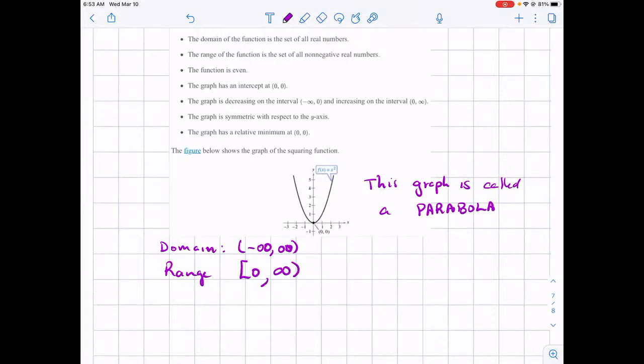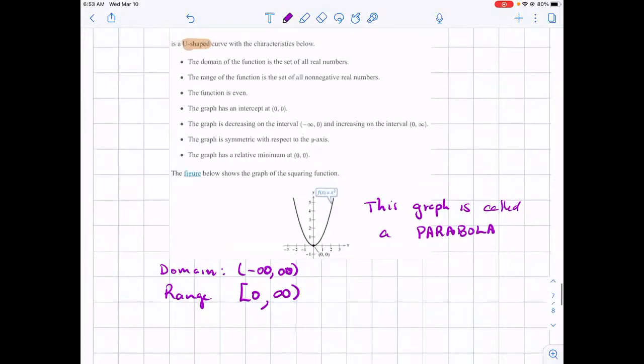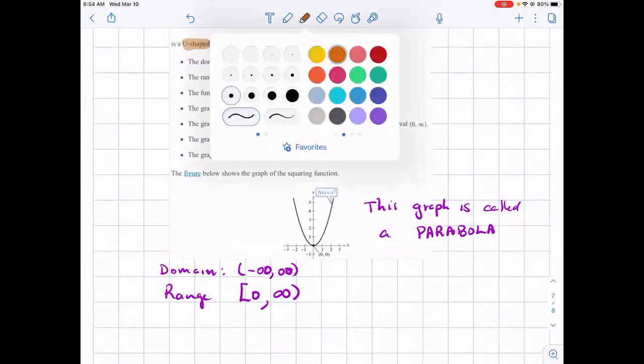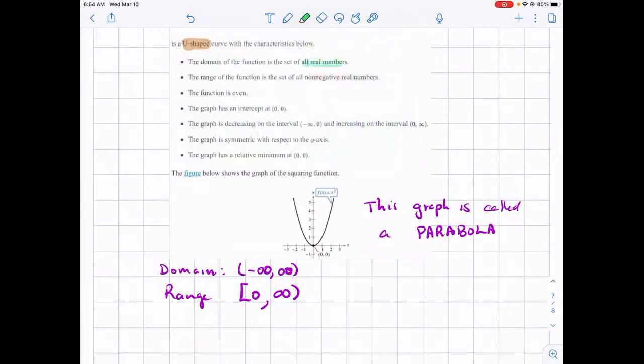The domain is the set of all real numbers, meaning minus infinity to infinity. The range is all non-negative real numbers, so that's 0 to infinity in interval notation.